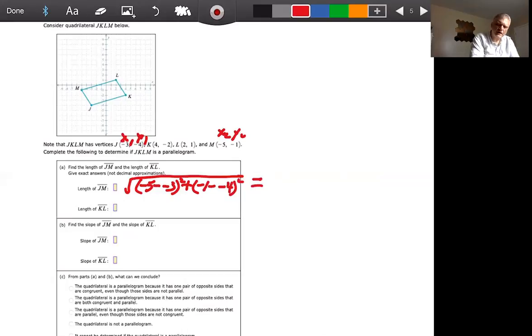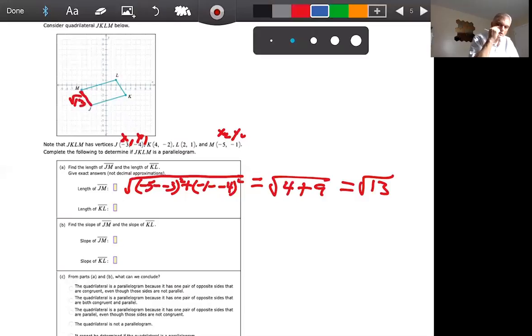Okay, -5 minus -3 is -2, squared is 4, plus -1 minus -4 is 3, squared is 9. So we got the square root of 13 for JM. I'll put it up here, square root of 13 for JM. Okay, that's the length of JM.